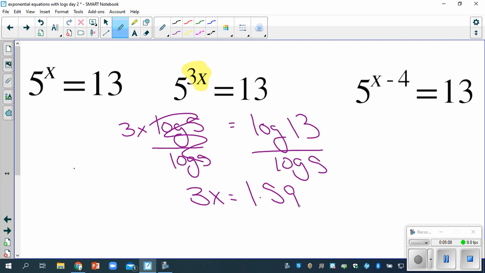I want just x. So I need to get rid of the squatter's girlfriend. If I'm multiplying by 3, now I'm going to divide by 3. I already have that in my calculator, which makes me super happy. Divide by 3, I came up with 0.53.